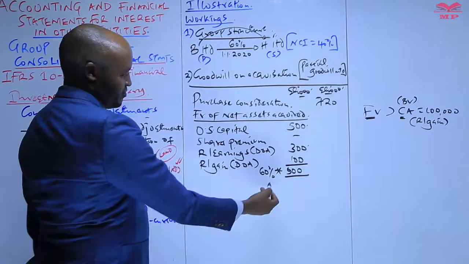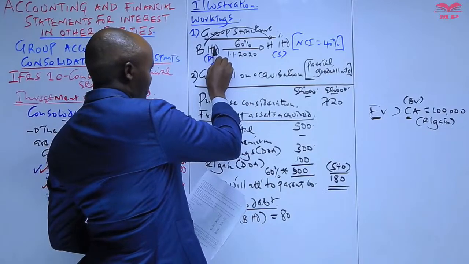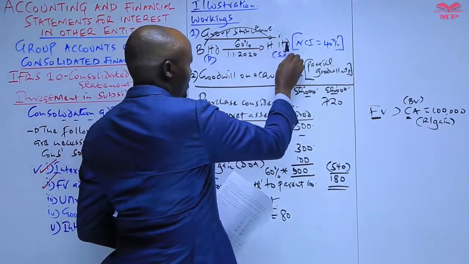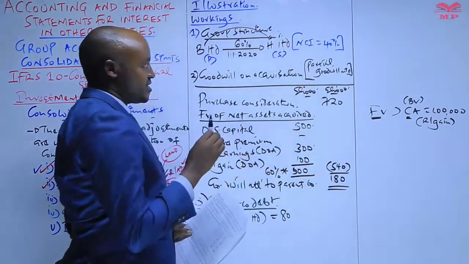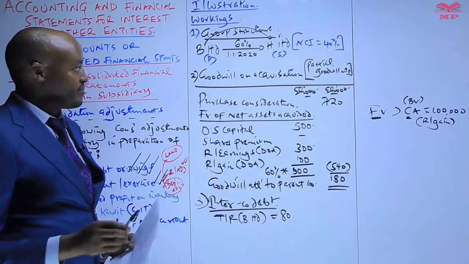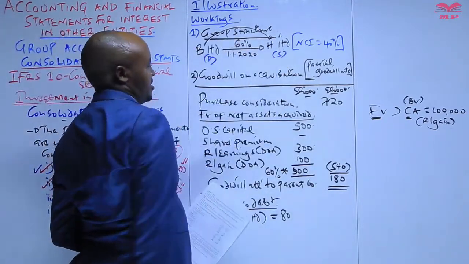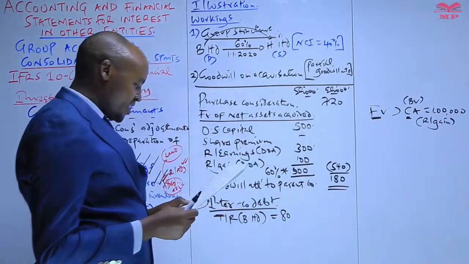So we take 60%. And actually we are told that is the amount which was included in the receivables of this company. Automatically, the same amount should be included in the payables of the subsidiary. But as we have said, that may not be the case, whereby the amount of intercompany debt is not the same. For example, this subsidiary had already sent a cheque, which will make the amount of intercompany debt not to be the same.